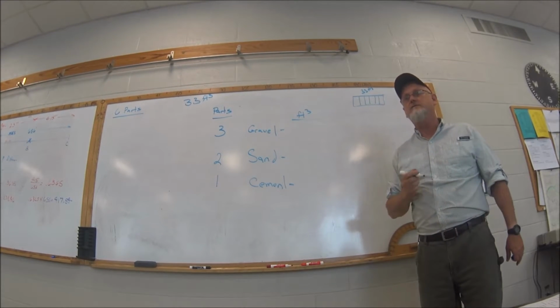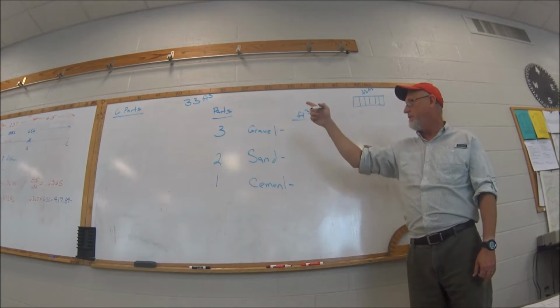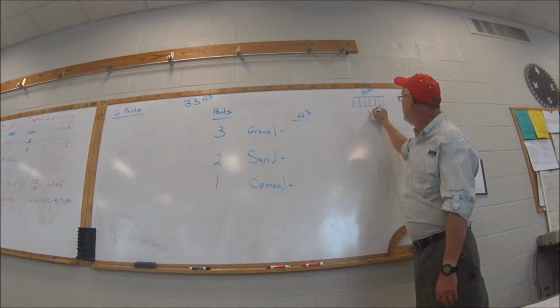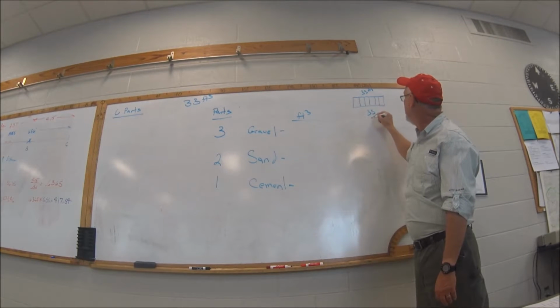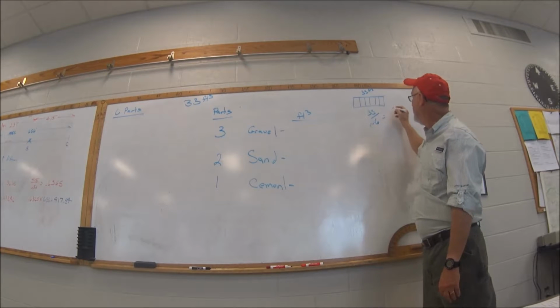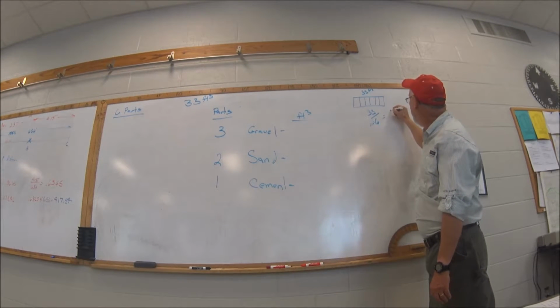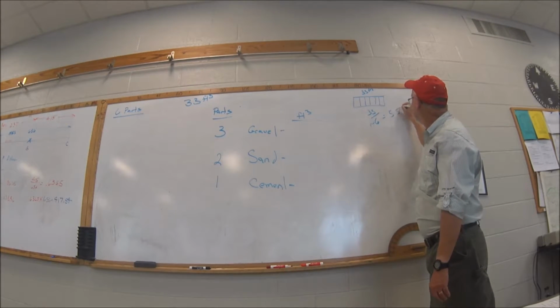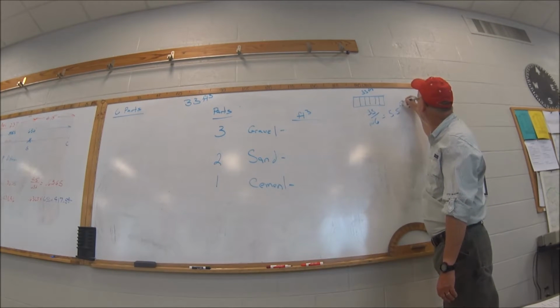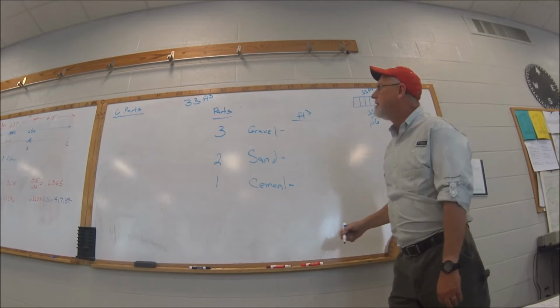How'd you figure that out, Kelsey? 33 divided by 6. That's your parts. What did it equal again? 5.5. And it's not pounds this time, it's 5.5 what? Feet cubed.